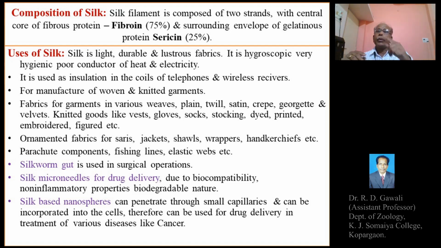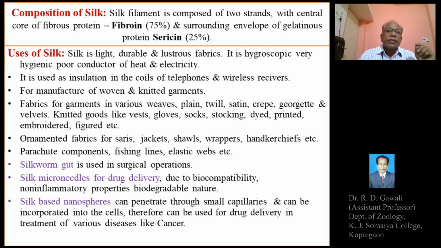So the patterns of weaving of the silk are of various types, and these are plain, twill, satin, crepe, georgette and velvets. So these are the different types of views which are obtained in the textile industry in the form of these fabrics, and these fabrics are then used for the actual preparation of the different garments.